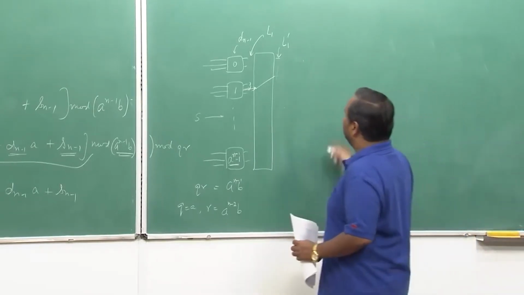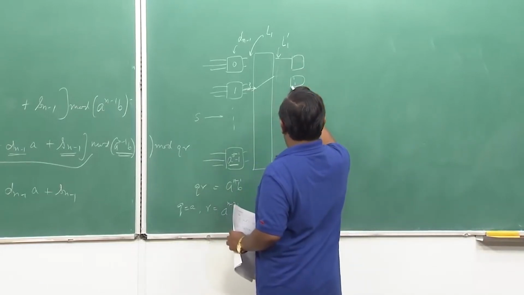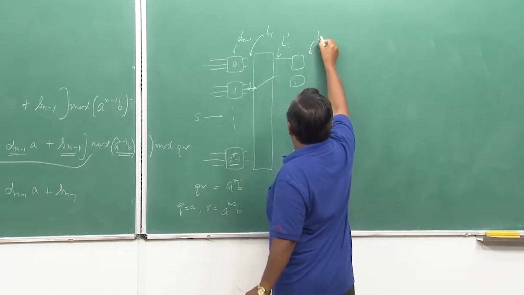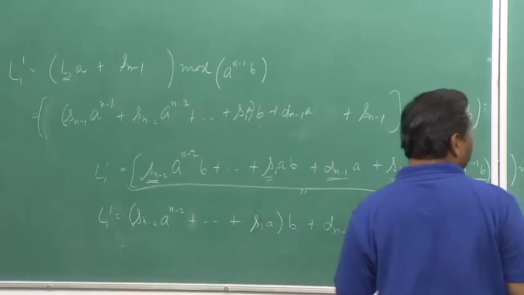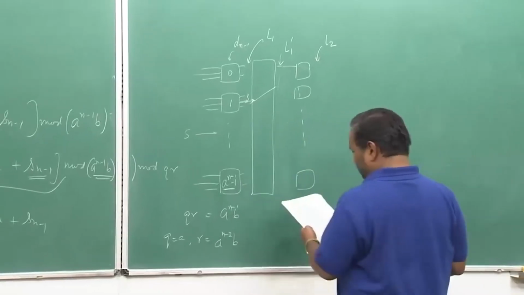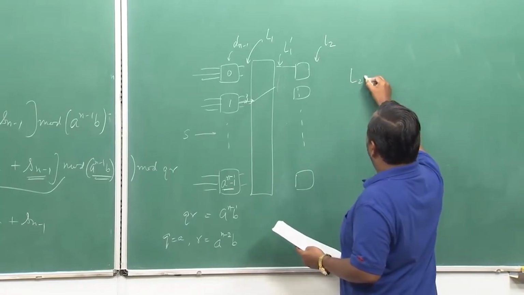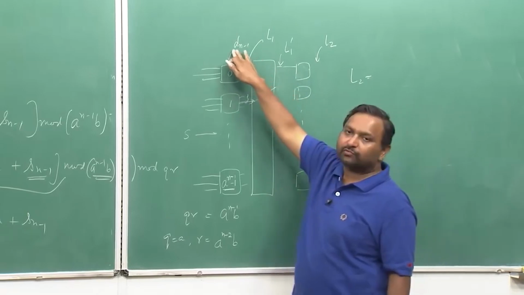I can actually now use again the switches and find out what is the value of L2. So, I can use this and find out what is the value of L2. So, let us do that. L2 will be, now these switches will be doing routing on the basis of digit dn minus 2.